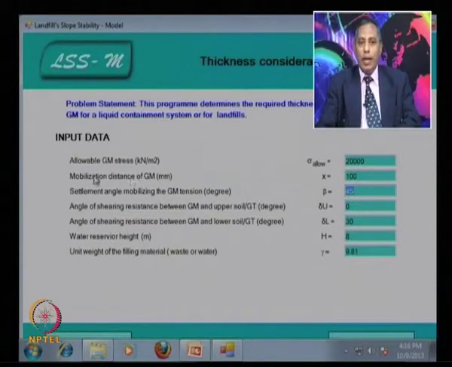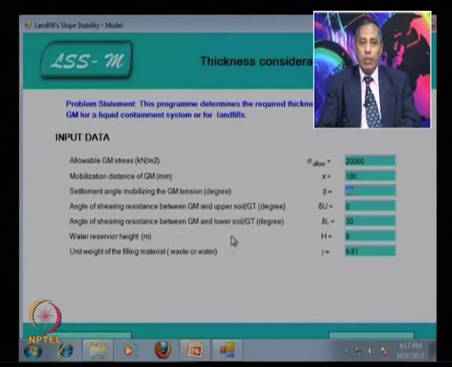The input data: allowable geomembrane stress, sigma allowable, is equal to 200,000 kilonewton per meter square. This is the mobilization distance of the geomembrane, x is equal to 100 millimeter. Then the angle mobilized for the geomembrane tension in degree, beta, is equal to 45, and the angle of shearing resistance between the geomembrane and the upper soil or the geotextile, delta U, is equal to 0.